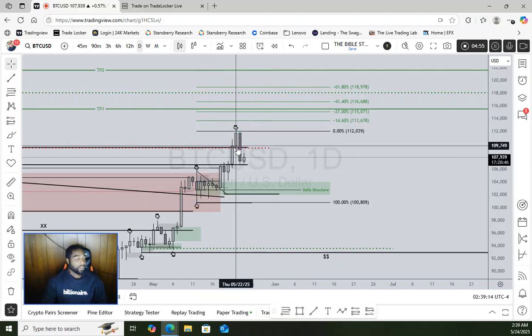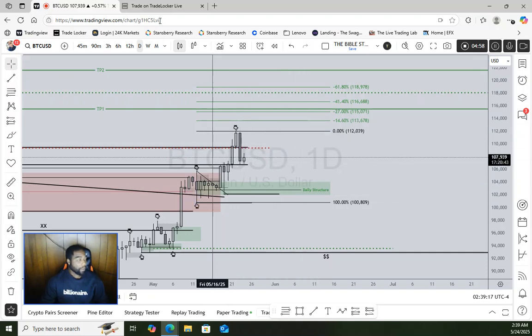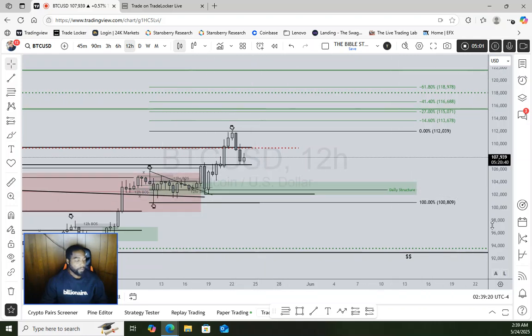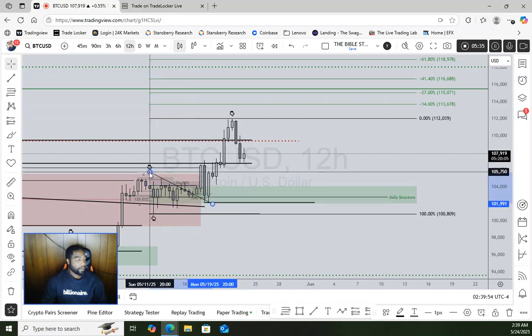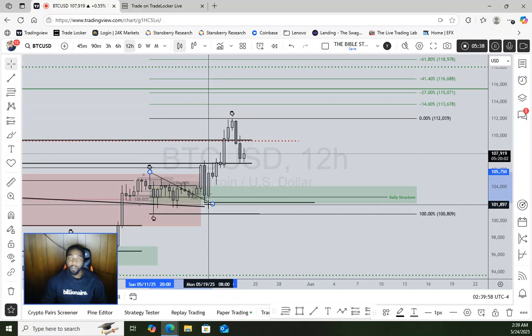And now in order to know what price is doing here on this daily price action, scale down to the 12 hour. And as you can see, even in the previous video, price was here. Price hasn't even gave that flush down yet. So in my previous video a couple days ago, we had got this swing to swing, and then price came back down, retesting this retracement trend line.